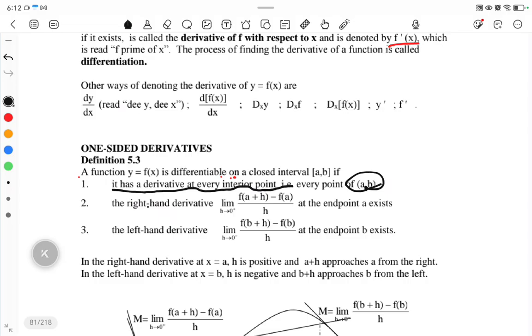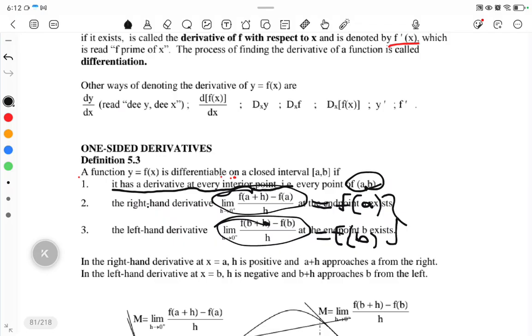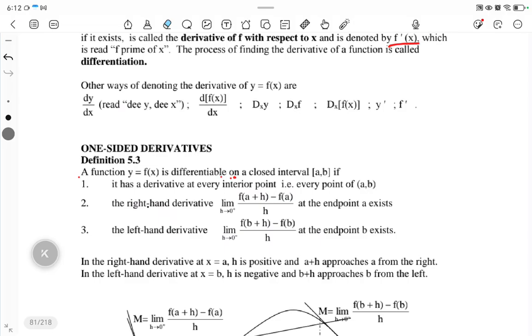Then it talks about left hand continuity and right hand continuity. And if this is equal to f of a, we would say that it is left continuous, right? And if this was equal to f of b, we would say that it is right continuous, given that these two are defined. You see, this is just taken from that part of continuity. So it should be simple for us to work around it.